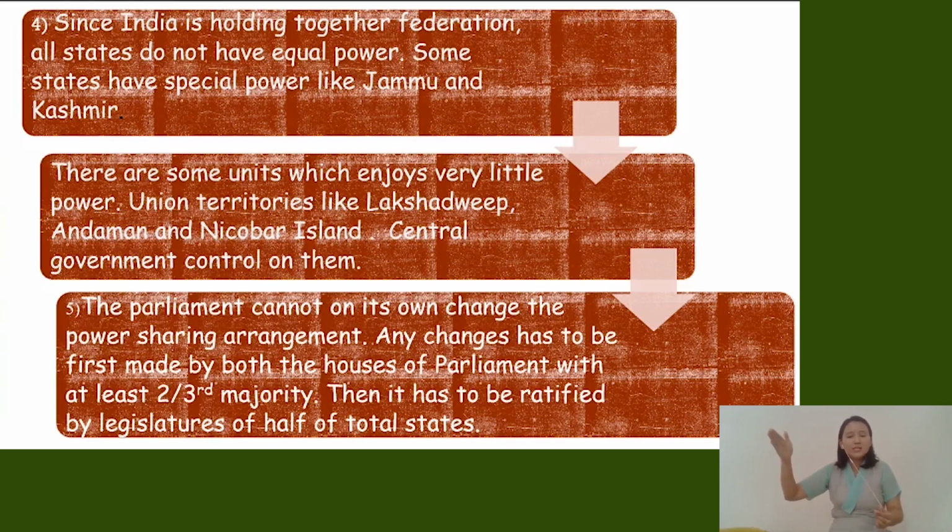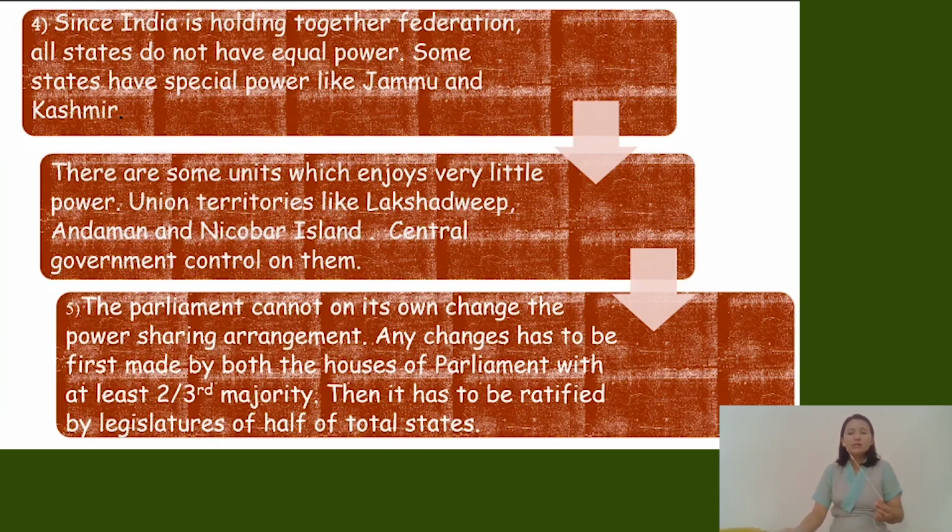If any changes have to be made in this list, it has to be made by both the houses of parliament, that includes the Rajya Sabha and the Lok Sabha, with at least a 2/3 majority. There should be a 2/3 majority from both the houses, and then it should be ratified. Ratified means there should be agreement by the legislatures of half of the total states.